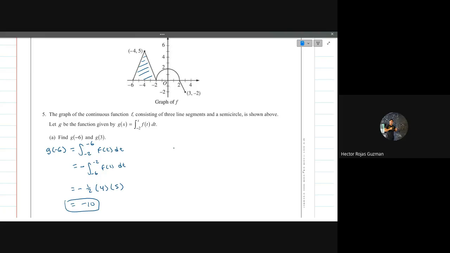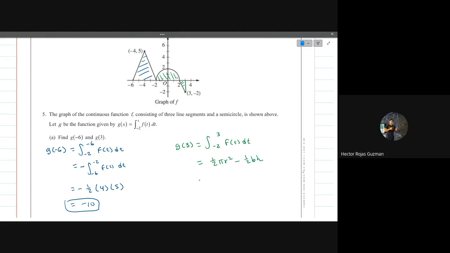G of 3. I'll do it in a different color so we can see the highlighting. G of 3 equals the integral from negative 2 to 3 of f of t dt. So that is going to be a semicircle and a tiny triangle. So 1/2 pi r squared minus 1/2 base times height.